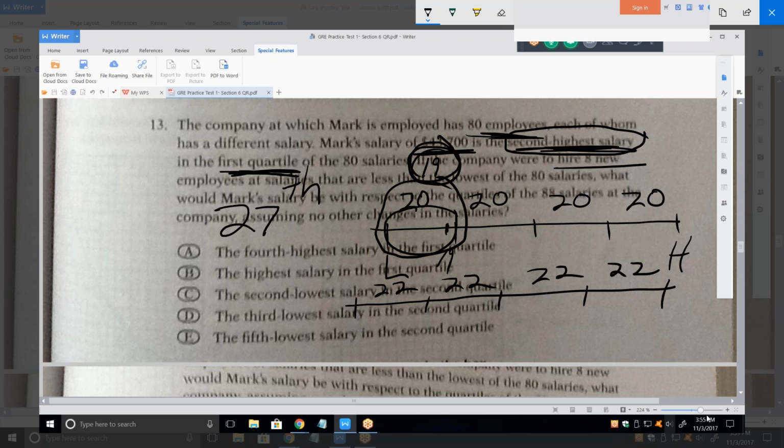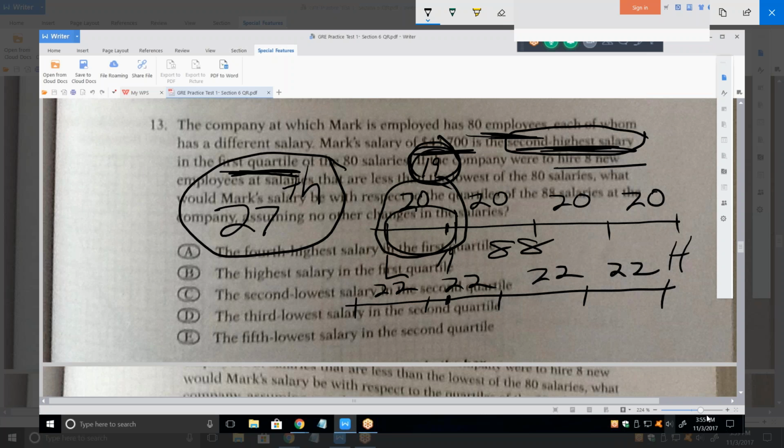So where is he now? Is he in the second quartile? He is. The quartiles changed because now there's 88 people in the company. So the quartile is only 22 people. And he's the 27th lowest salary, which means he's the 5th lowest in the second quartile.